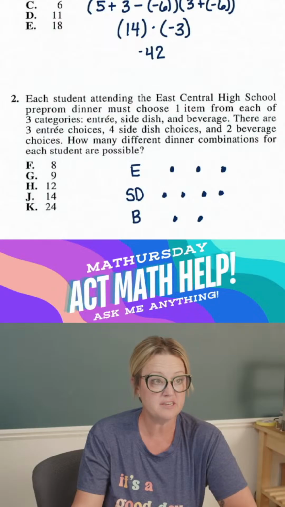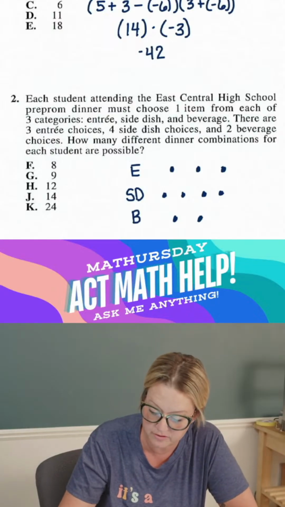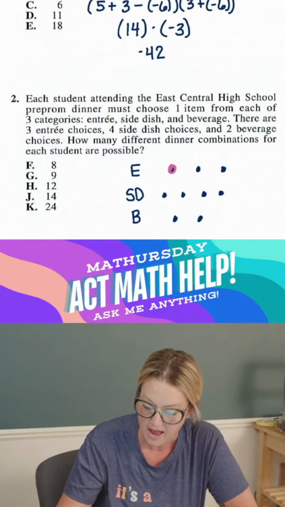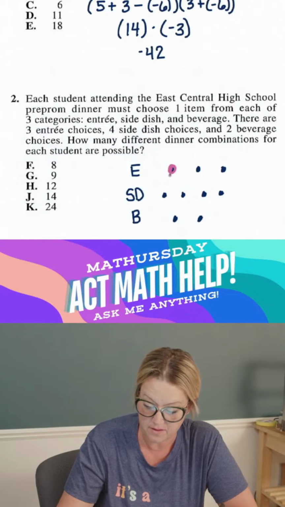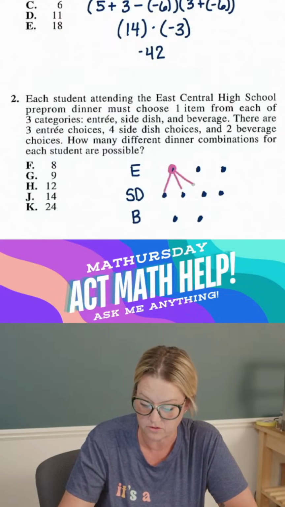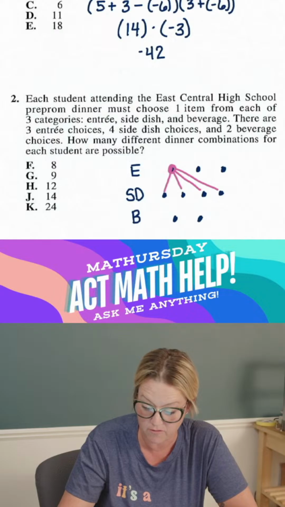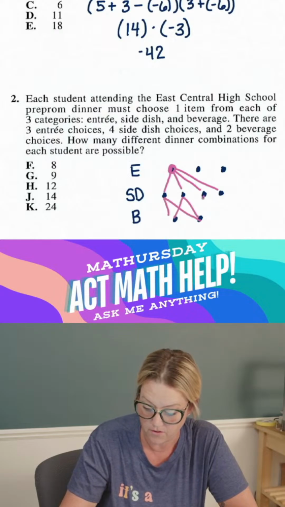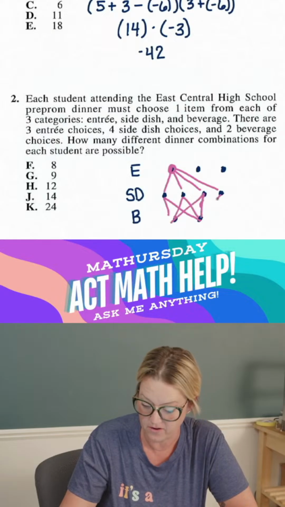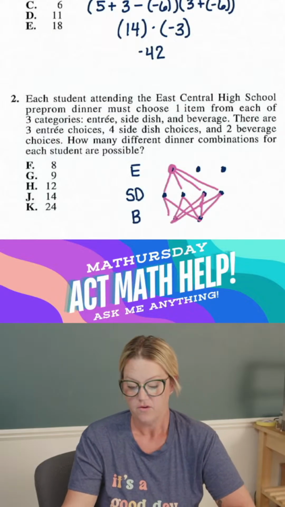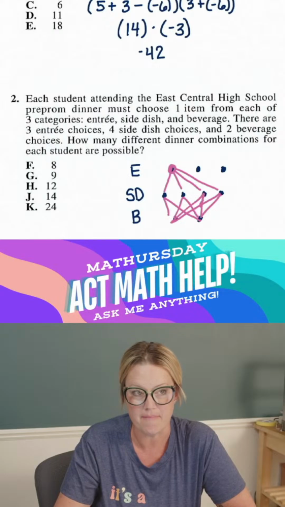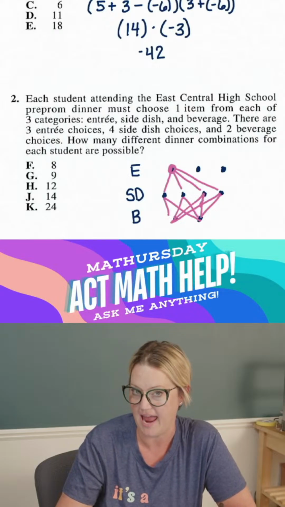If we think about all the different pathways, if I choose this first entree, I could have this side dish, or this side dish, or this side dish, or this side dish. And then whichever one I pick, it's either going to be here, or here, or here, or here. It gets to be a mess really quickly if you're trying to draw it out.